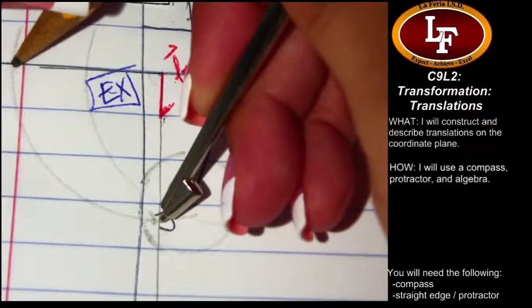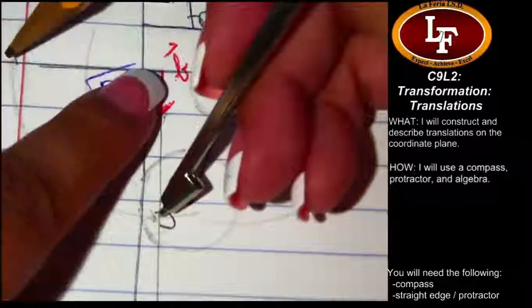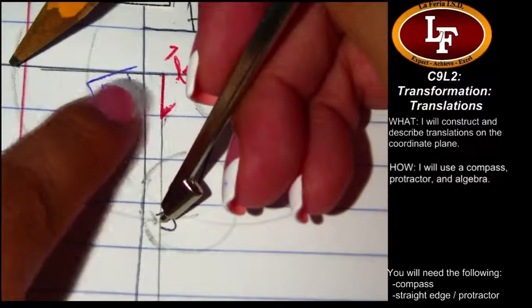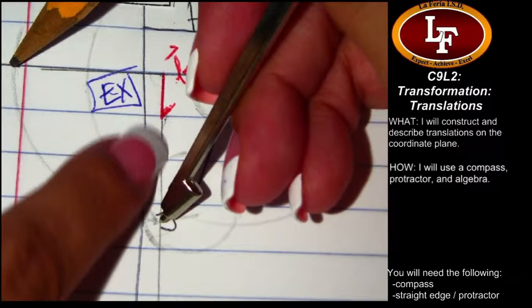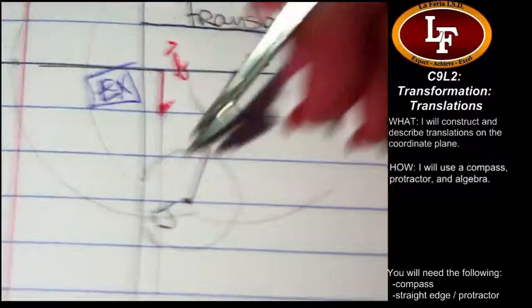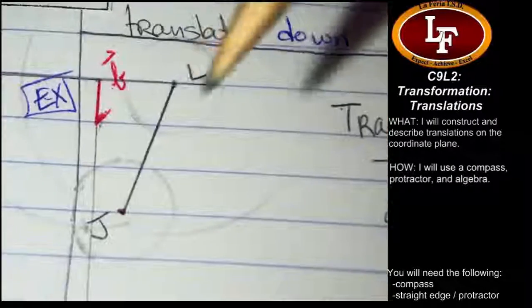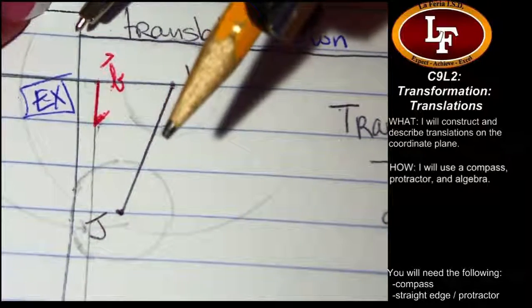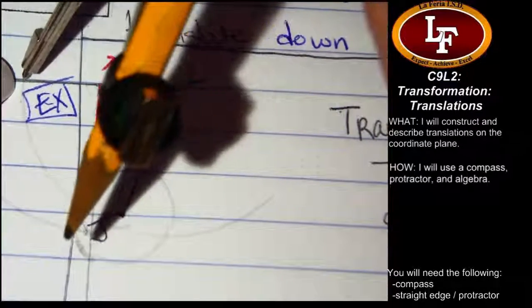All right, so now I'm going to mark off this distance because this is my reference ray that I created. And this is the ray that contains my vector. Taking that distance, I'm going to find where the arc that I created for my new angle intersects my reference ray.